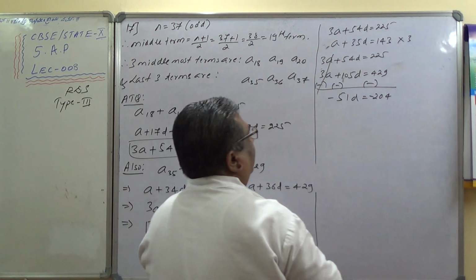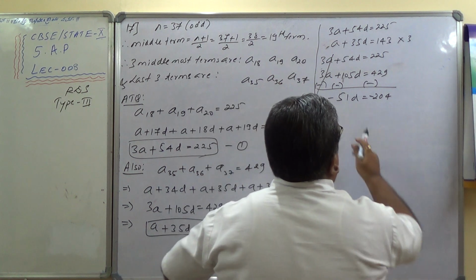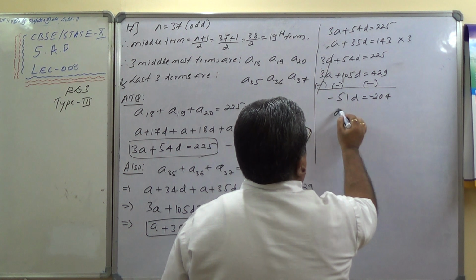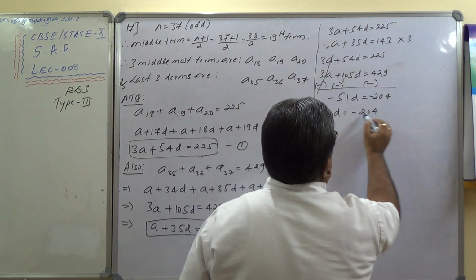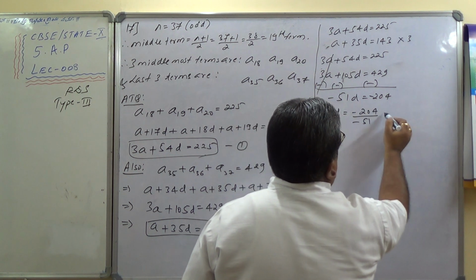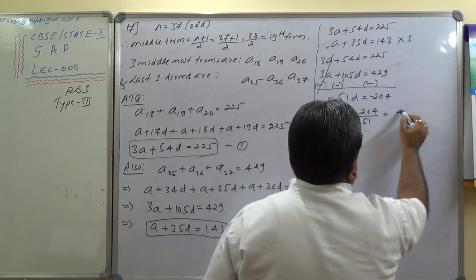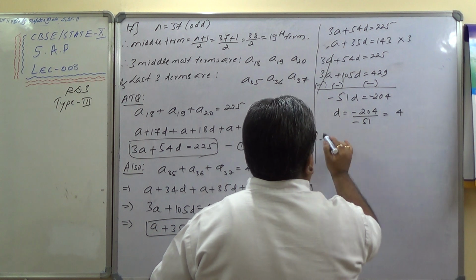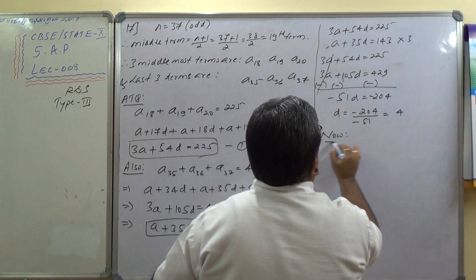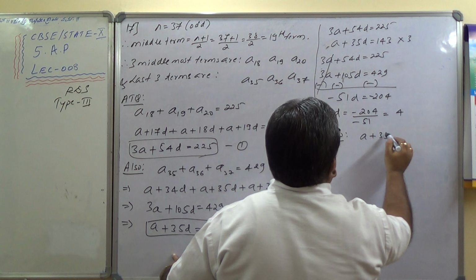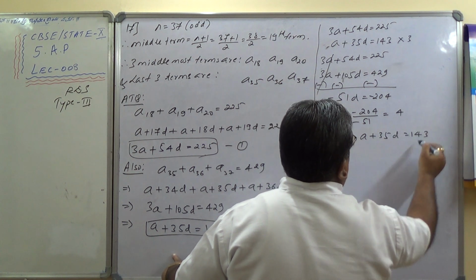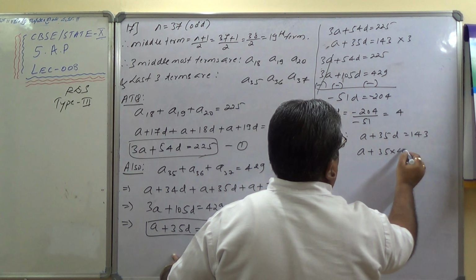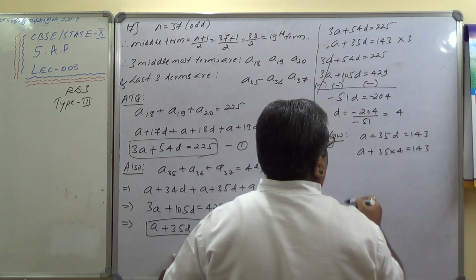And therefore, 51D equals 204. Therefore D equals 204 divided by 51, which is 4. D equals 4, and therefore A equals, now A plus 35D equals 143, so A plus 35 into 4 equals 143.